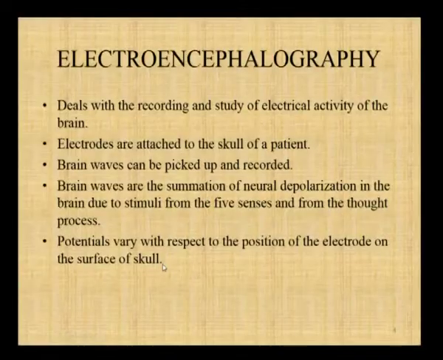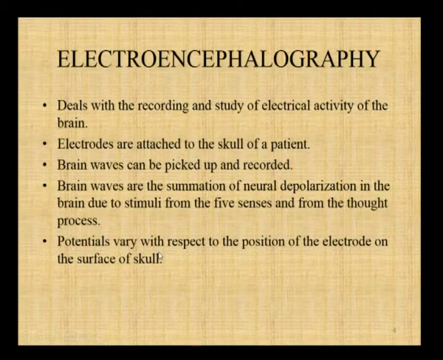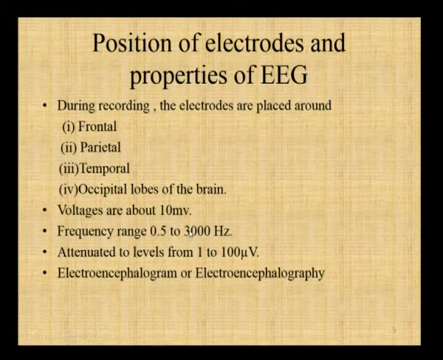If the distance between the two electrodes is 10%, then the potential produced by the patient will be different. So, the position of the electrode decides the potential produced by the patient, which is then converted into brain waves.